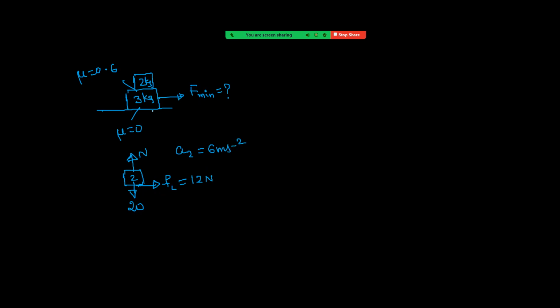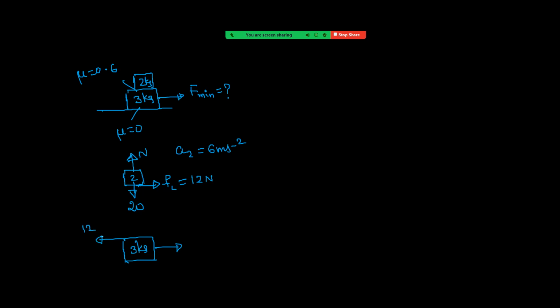Now coming to the 3 kg block. There is no friction from the ground. On the 2 kg block, friction is to the right side. So on the 3 kg block, friction is to the left side.